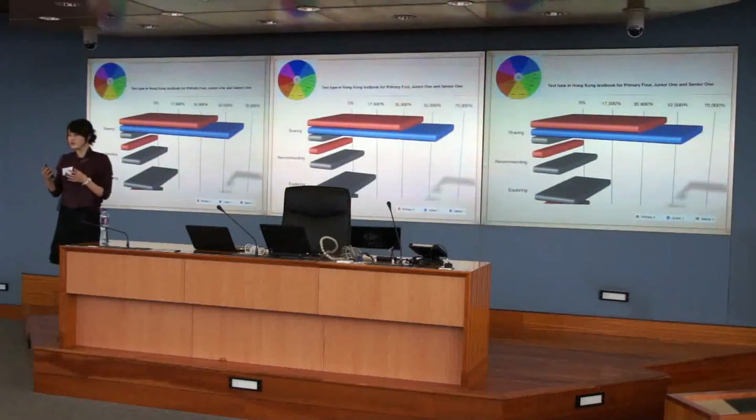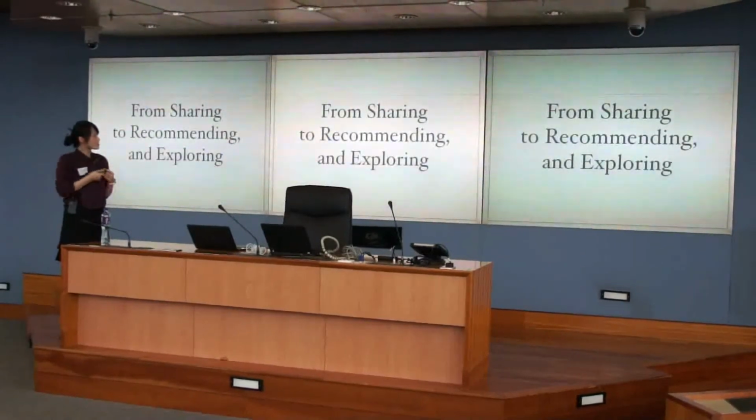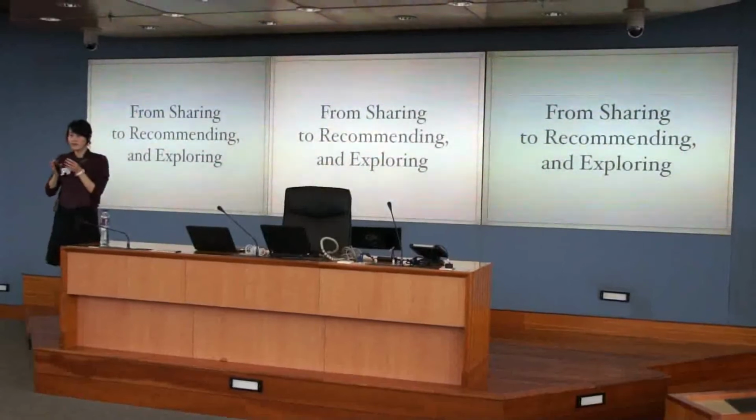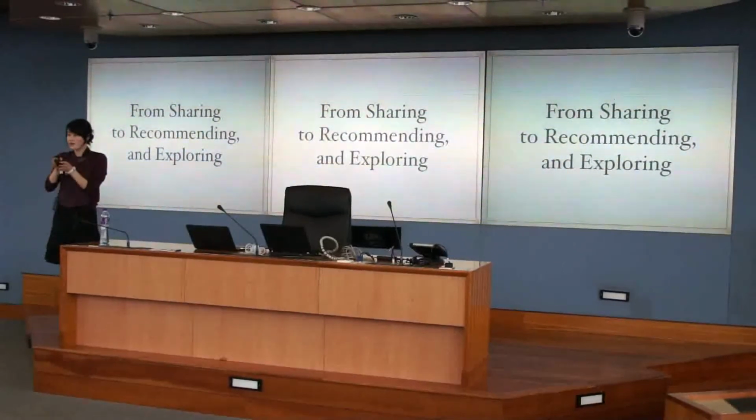And also some very interesting exploring texts, like trying to review whether we should or should not build McDonald's in our community, or exploring texts trying to debate and recommend, saying that the usage of air conditioners should be monitored by law in the Hong Kong textbooks. So you can see a development from sharing to recommending and to exploring.